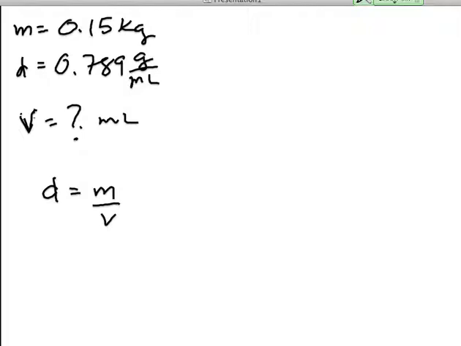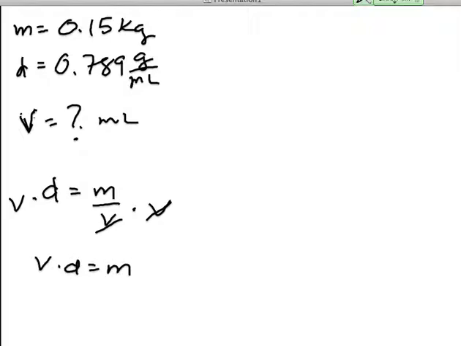When you solve this equation, or any equation where a variable is in the denominator, you must first get it in the numerator. So if we look at the algebra to get this in the numerator, the first thing we're going to do is multiply by v. So these cancel out. I get volume times density is equal to mass.